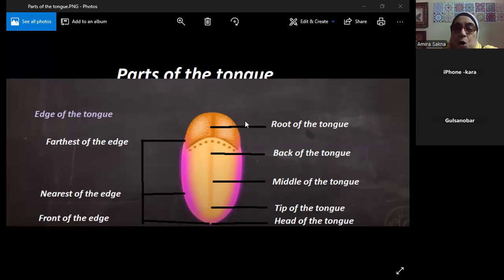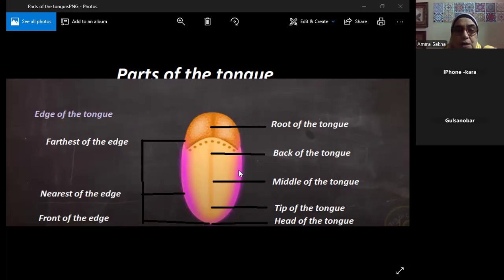The tongue as a whole is divided into root of the tongue, back of the tongue, middle of the tongue, tip, head. This is all the tongue. For example, root of the tongue, it's all this. Back of the tongue, it's all this. Middle of the tongue, it's all this.